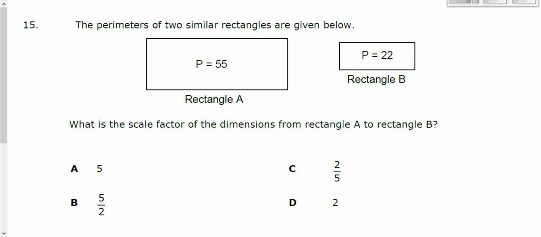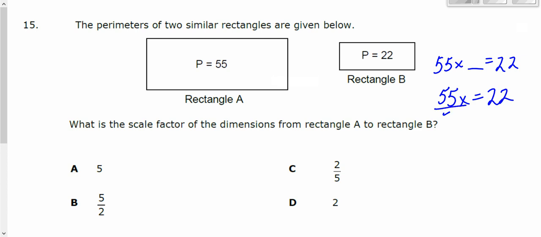Number 15. The perimeters of two similar rectangles are given below. What is the scale factor of the dimensions from rectangle A to rectangle B? So originally my perimeter was 55, and now it's 22. So 55 times a number is giving me 22. Let's call that number a letter like X. So 55X gives me 22.